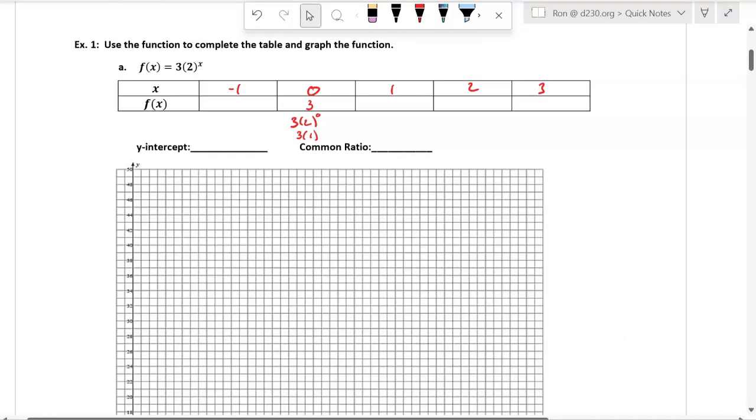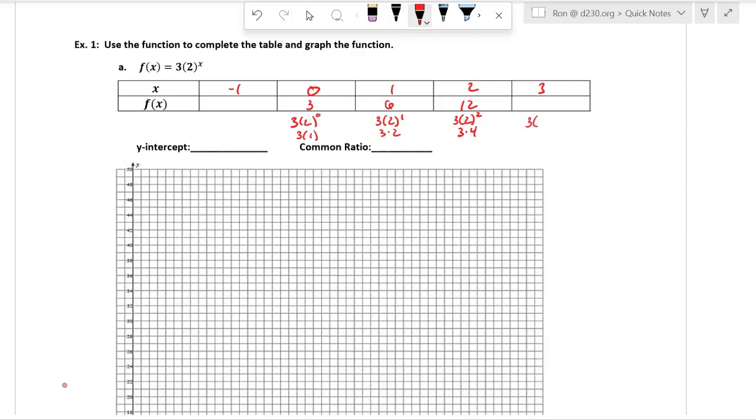Okay. Now, 1. If I plug 1 in, 3 times 2 to the first, 2 to the first is 2. 3 times 2 is 6. If I plug 2 in, 3 times 2 to the second is 3 times 4, which is 12.